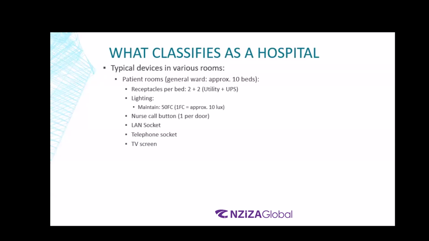Typically there are the 2+2, but we need to consult with the doctors. What is the plan for that patient room? Is that patient room going to be increased in the future? Any renovations that are going to be there? Any specialty equipment that would require more sockets apart from the 2+2 over here?